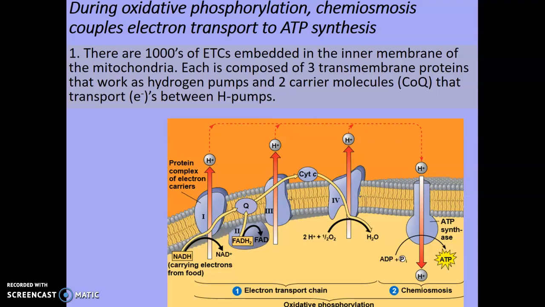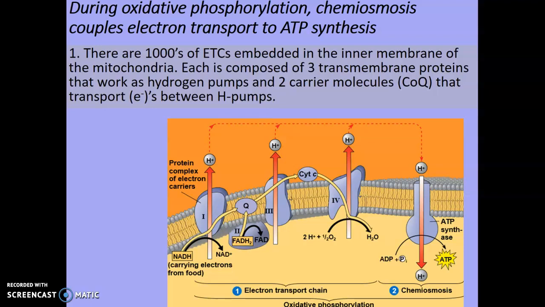So there are thousands of electron transport chains embedded in the inner membrane of the mitochondria, and each is composed of 3 transmembrane proteins that work as hydrogen pumps and 2 carrier molecules that transport electrons between hydrogen pumps.